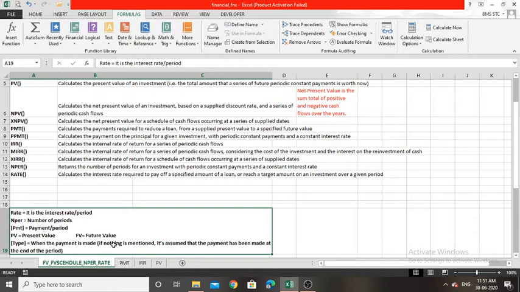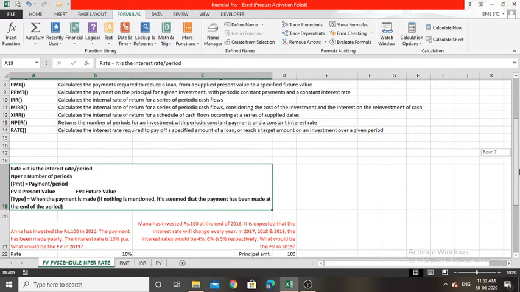So what is that mode, either at the beginning or at the end? To mention that pattern, in what pattern you are going to pay the amount per period, whether at the beginning of a month, a year or a quarter, or at the end of it, 0 and 1 denote that. We will see it in the illustration itself.